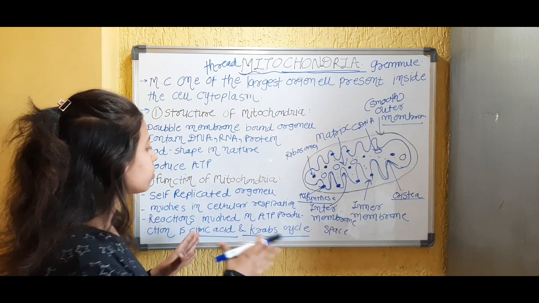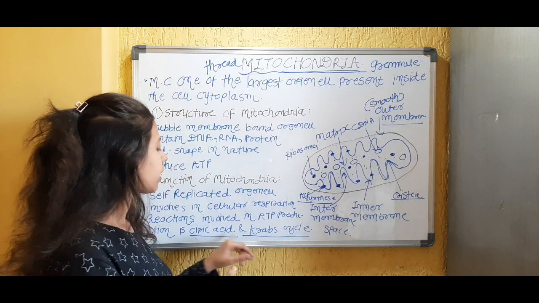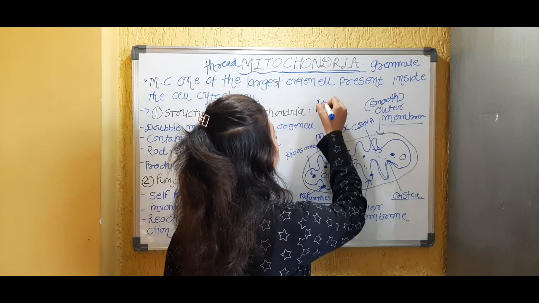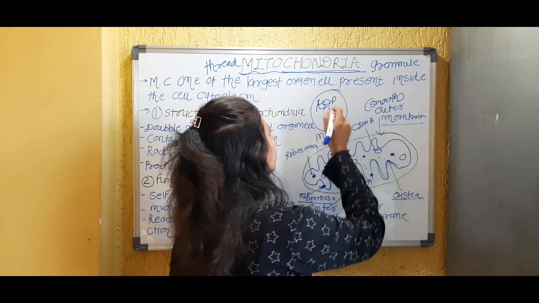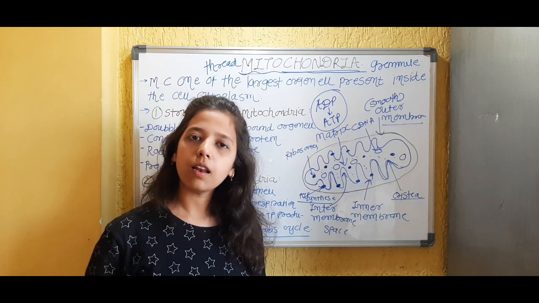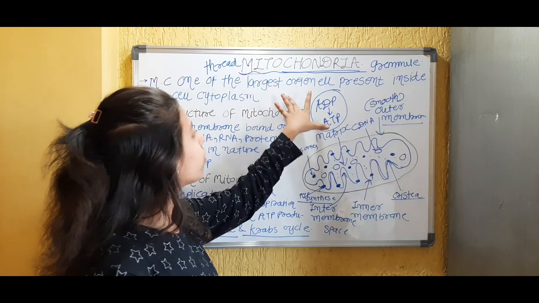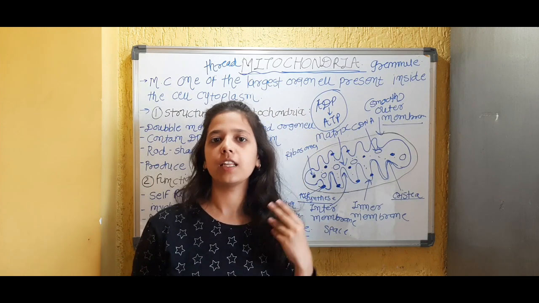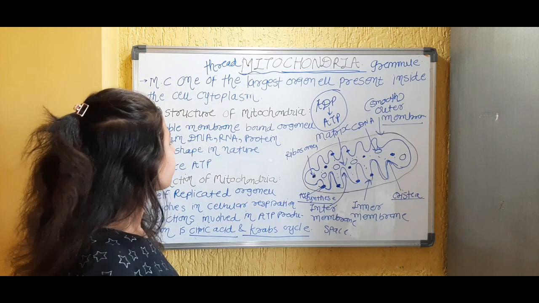These two cycles are involved in producing ATP. ADP is converted into ATP, and this ATP is then distributed all over the cell for different types of biochemical reactions. So mitochondria mainly produce energy, or ATP, inside the cell, and they are also known as the powerhouse of the cell.